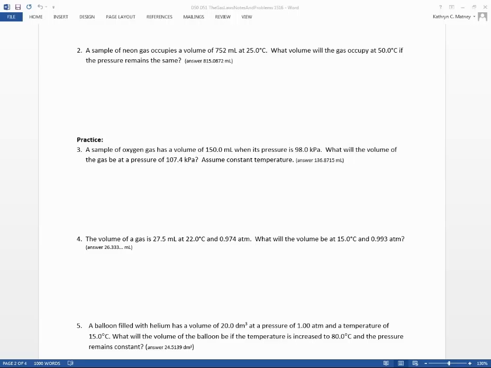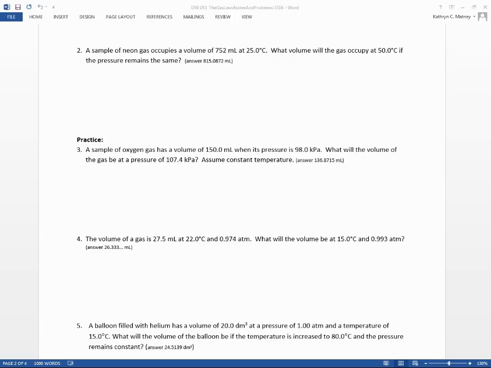So in your calculator, and this is the important part for you guys, I want to make sure you know how to do this. You punch in 752 times 323.0 equals, and then you hit divided by 298.0.